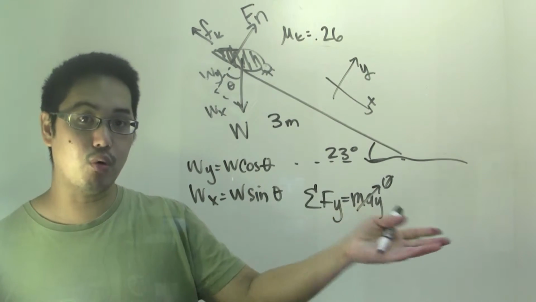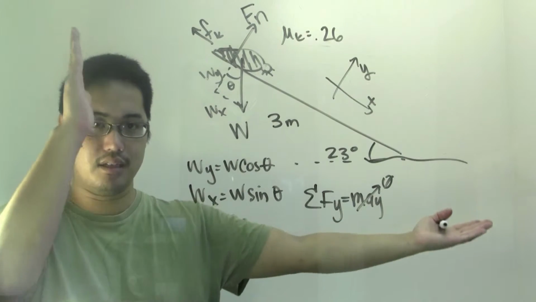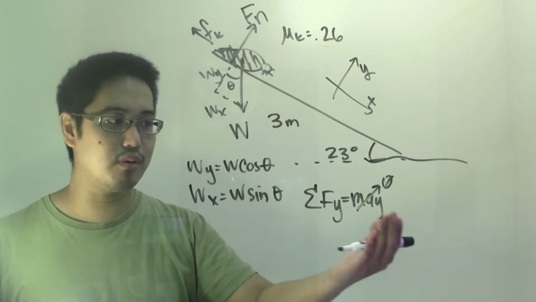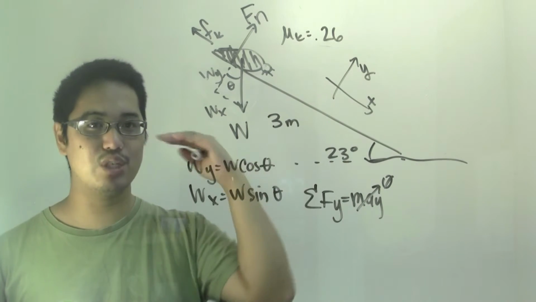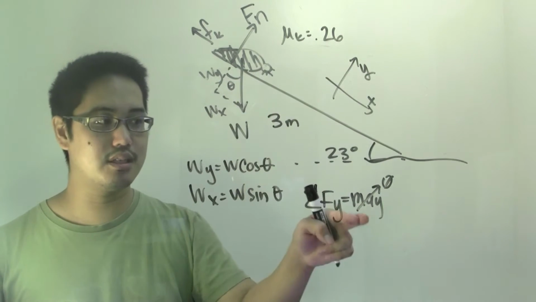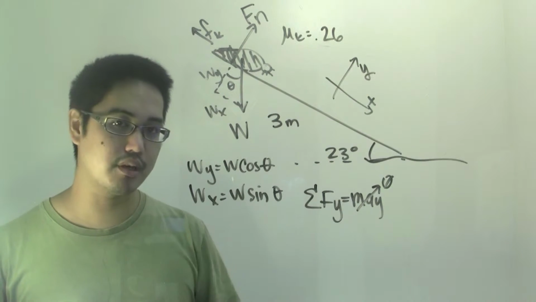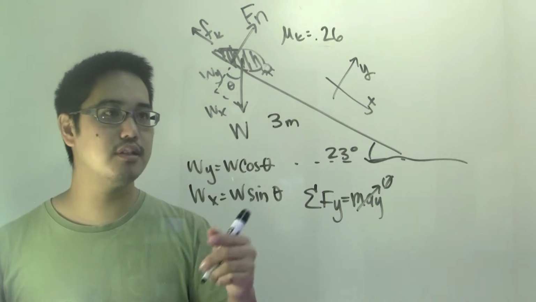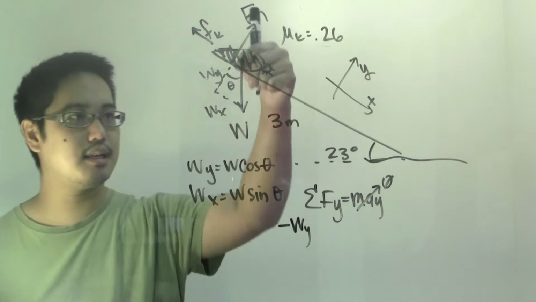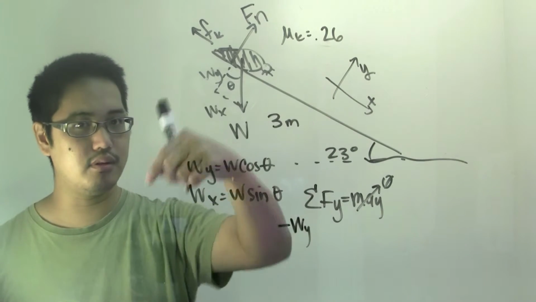In our old coordinate system, where x was horizontal and y was completely vertical, then yes, there would probably be some kind of number there. But since we switched to our new coordinate system, it is 0 in the y direction. What forces do you see in the y direction? Well, I see negative Wy, because that's pointing into the board, or down this way.